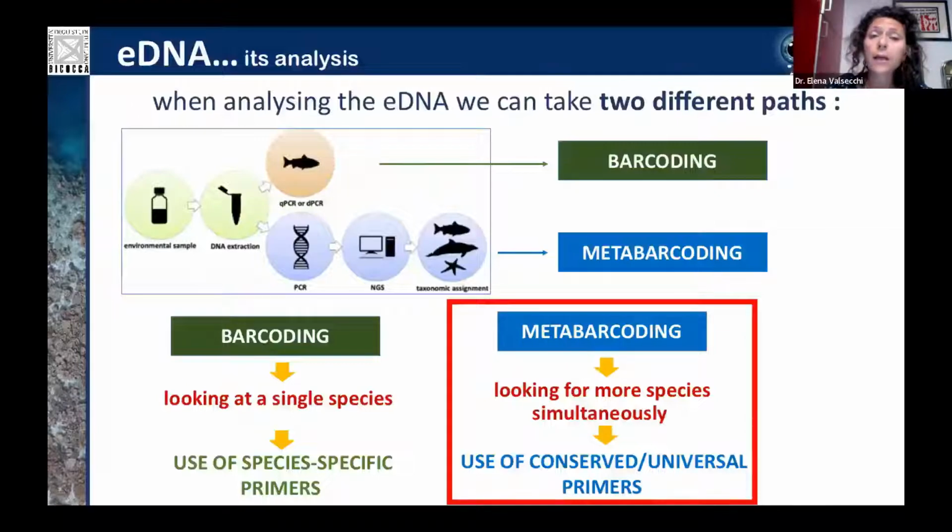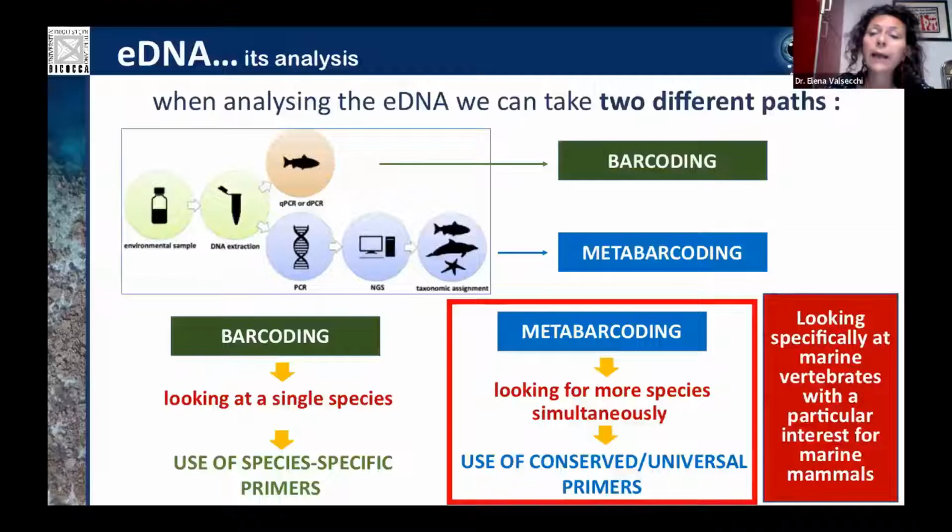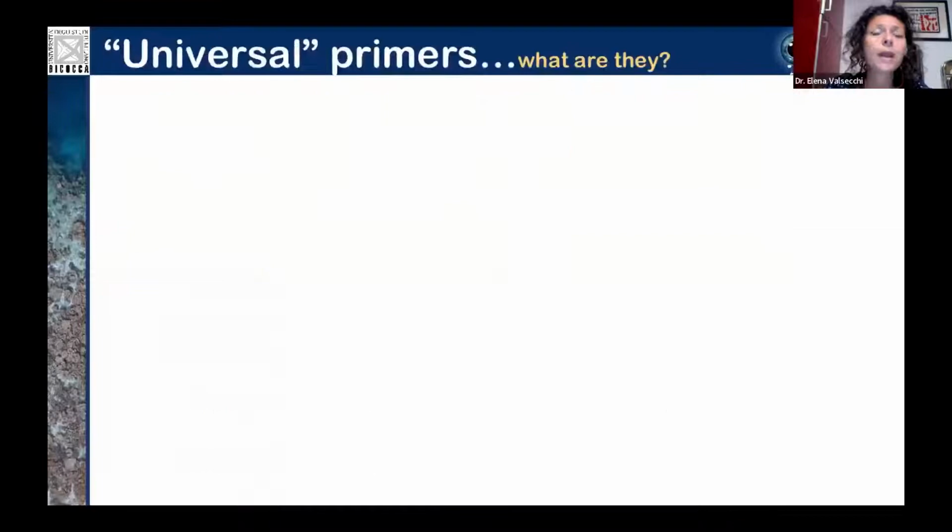And in this study, we are going to use this second approach, and we are going to look specifically at marine vertebrates, with a particular interest in marine mammals. Okay, so universal primers, what are they? Well, universal primers are sort of short strings of sequences which are conserved within a certain taxonomic group.